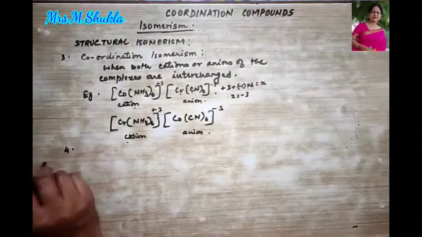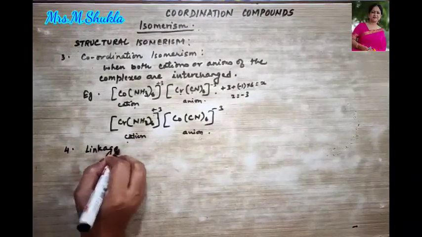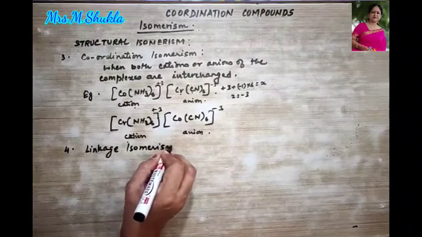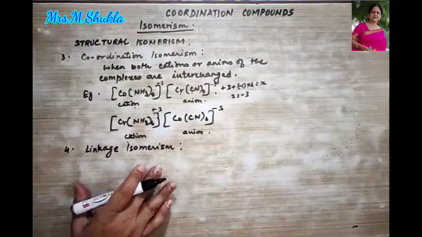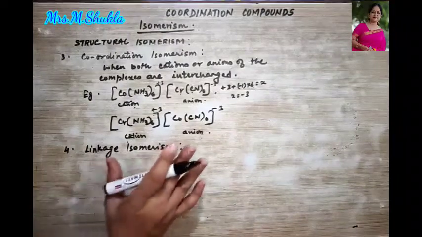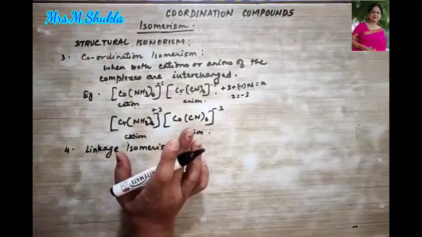Now coming to the fourth one, that is the linkage isomerism. What do we mean by linkage isomerism? This type of isomerism only occurs when the complex compounds contain the ambidentate ligands.